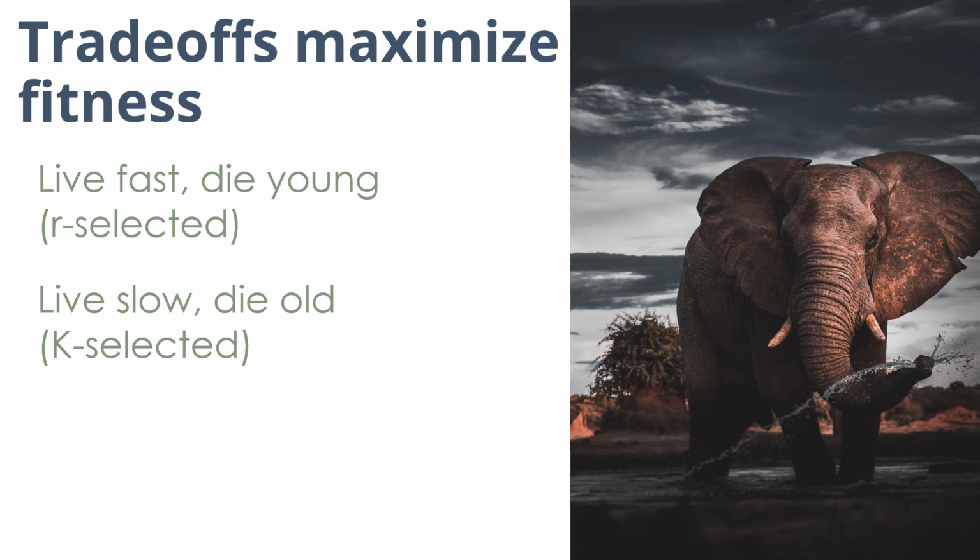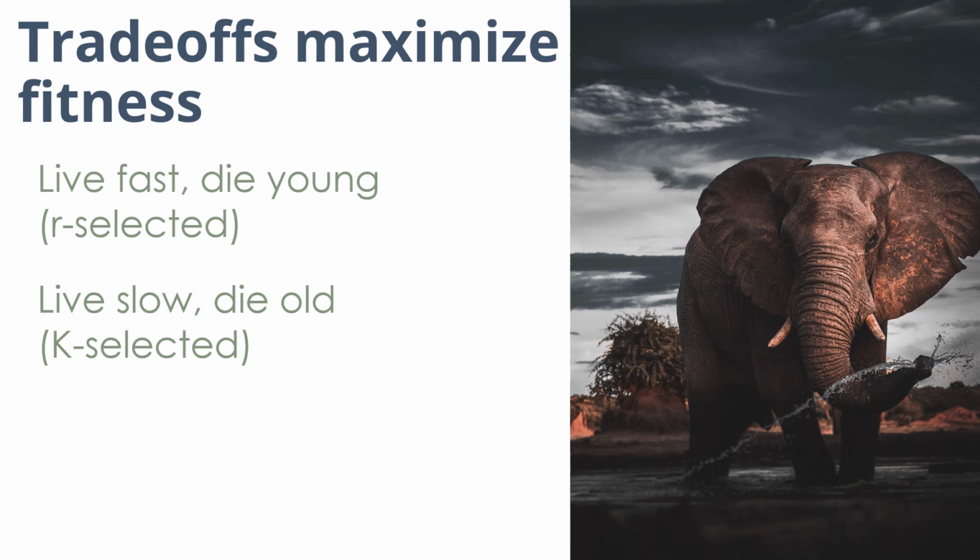In contrast, K-selected species tend to have larger but fewer offspring and contribute large amounts of resources and energy to each offspring. So elephants and humans, for example, would be a great example of K-selected species. And these species are adapted to stable and predictable environments.